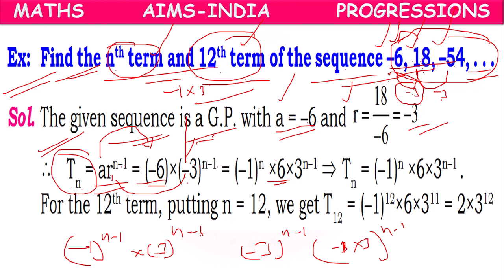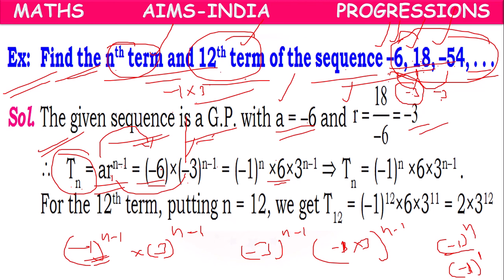Again, minus 1 whole power n minus 1 can be written as minus 1 to the power of n by minus 1 whole power 1, which is equal to minus 1 to the power n, times minus 1.